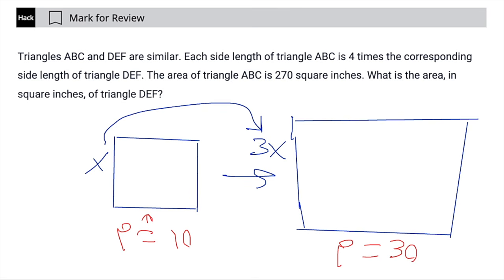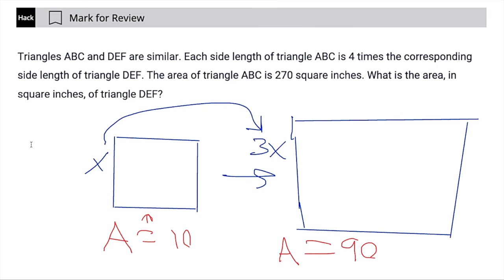But the side scaling hack is, if you are given area, you are no longer using that 3 as your scale factor. In order to scale area based off of a side, you need to square your scale factor. So instead, we would multiply 10 times 3 squared, or 9. So our area for this bigger one would be 90.